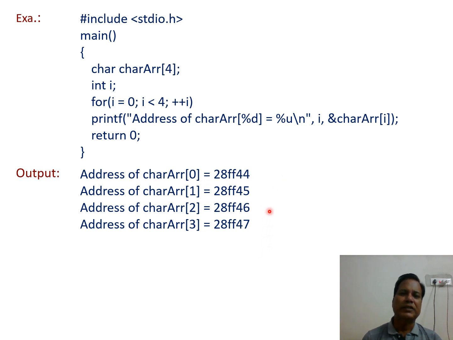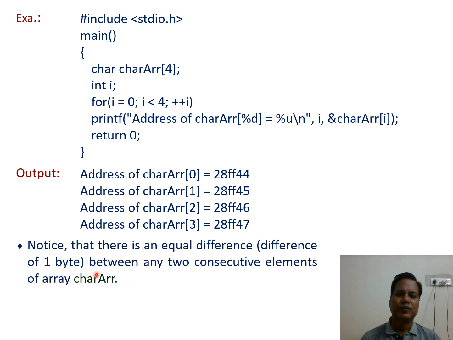What is the address randomly taken, that is printed here, but it is increasing in order. Notice that there is an equal difference of 1 byte between any two consecutive elements of the array char.